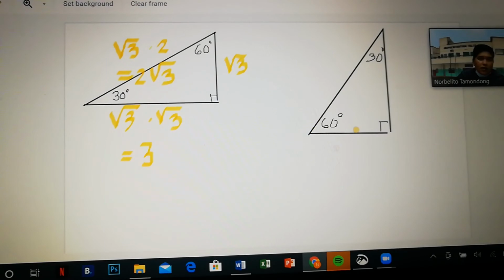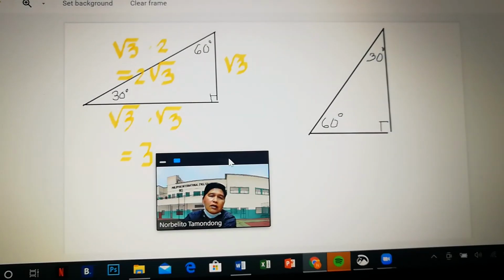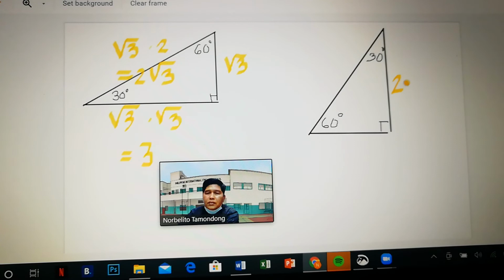Next, the other figure. Let's see your longer leg is given in the form of radical. Let's say 2 square root of 5. Now, how do you find the shorter leg? Multiply by square root of 3 over 3.